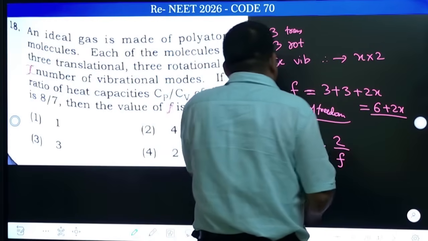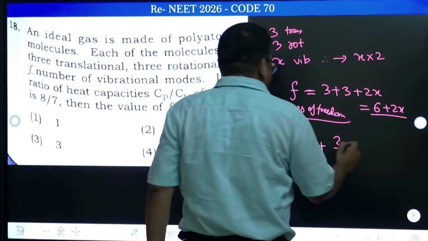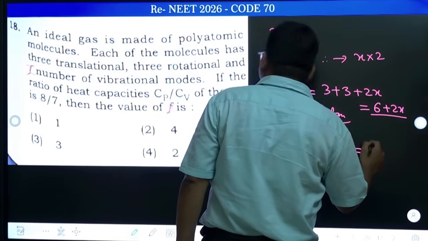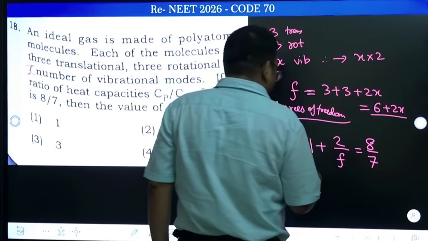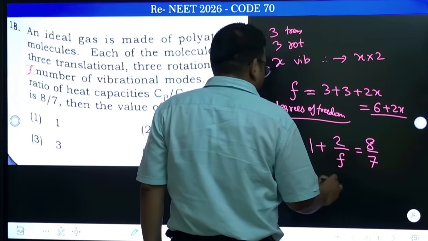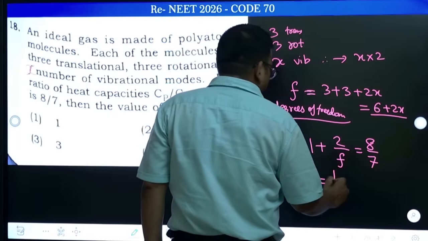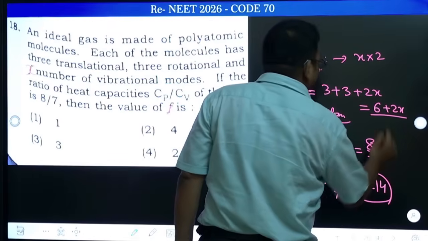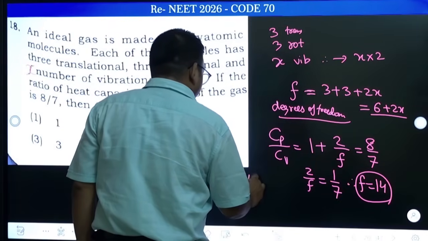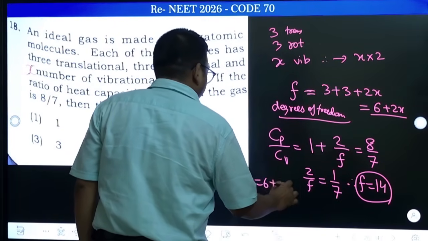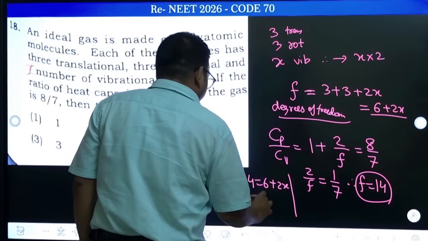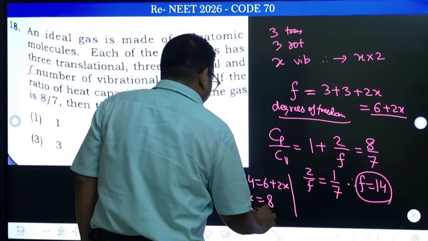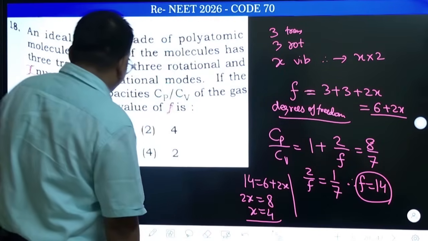Let us try this. F you calculate. Cp by Cv they have given here as 8 by 7. So 2 by F becomes 8 by 7 minus 1, 1 by 7. So F becomes 14. If F becomes 14, substitute. So 14 is equal to 6 plus 2x. So 2x becomes 8, x becomes 4. So x must be 4 here.